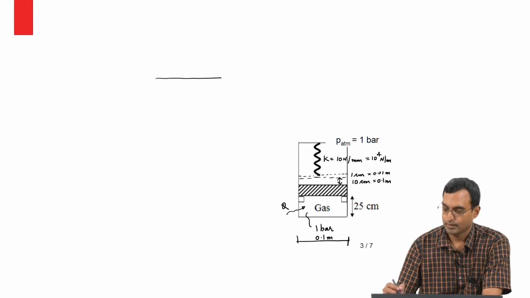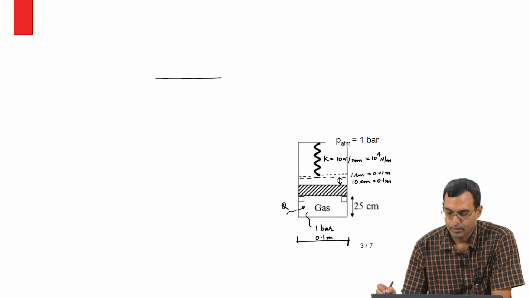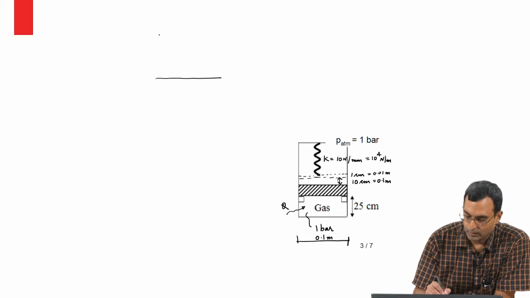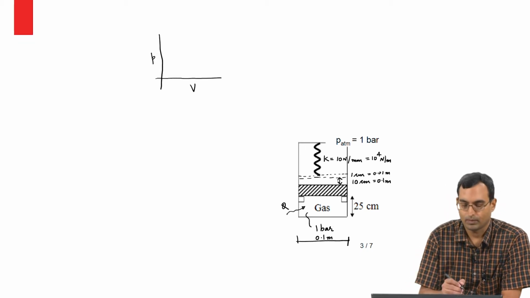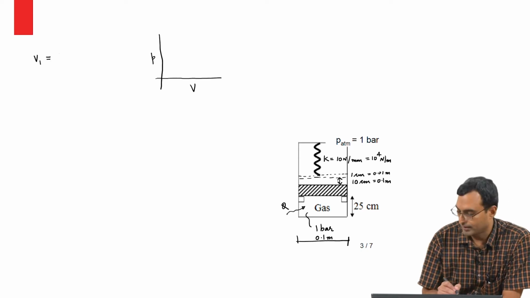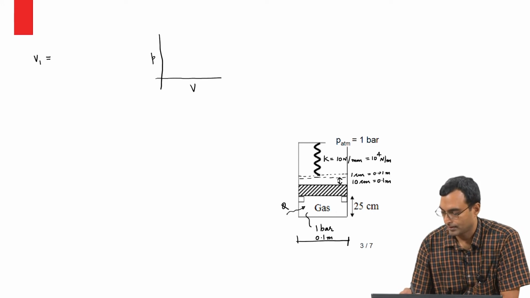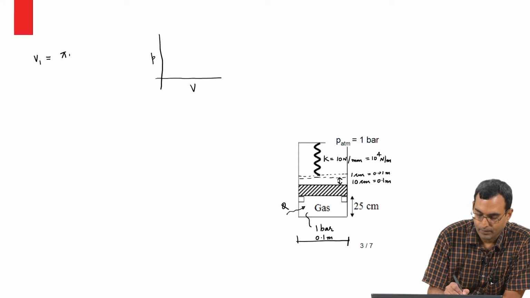What we see is that the gas needs a pressure of 1.5 bar in order for it to push this piston up. So, let us start looking at what this would look like on a PV diagram. We can find out the initial volume of this gas. I am going to call that V1. The initial volume is the area of the cylinder, pi d square by 4, into the initial height.